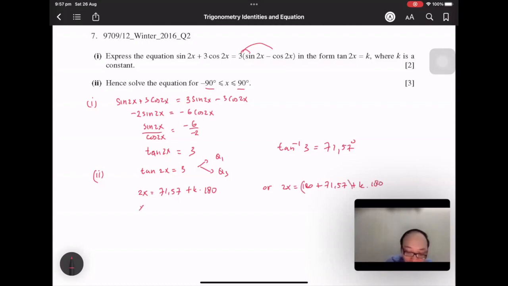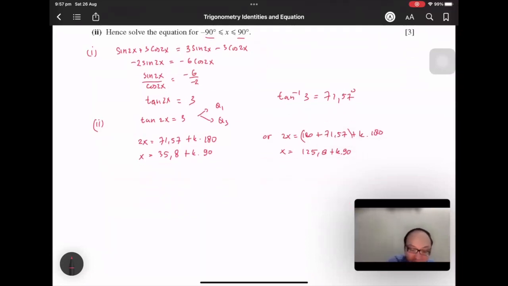So we have x equals, we divide by 2, so 35.78, so this is 35.8, plus k times 90, or x here will be 125.8 plus k times 90.